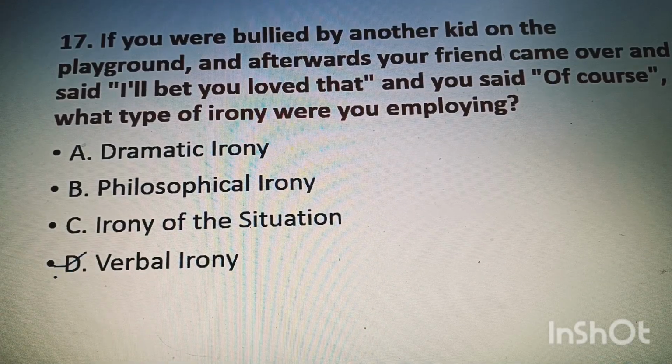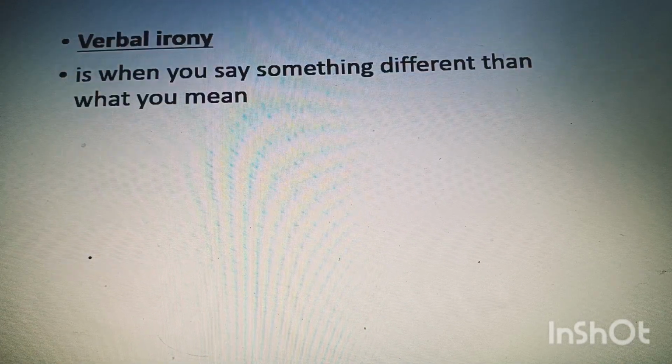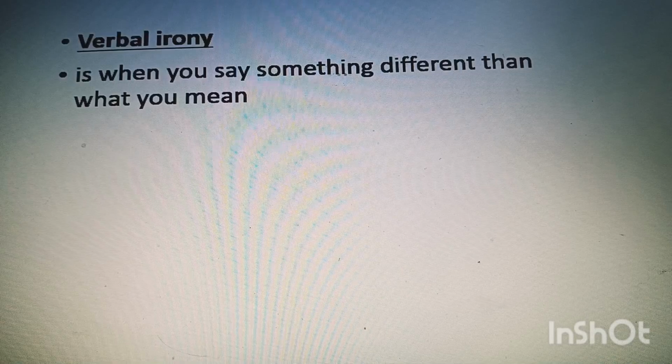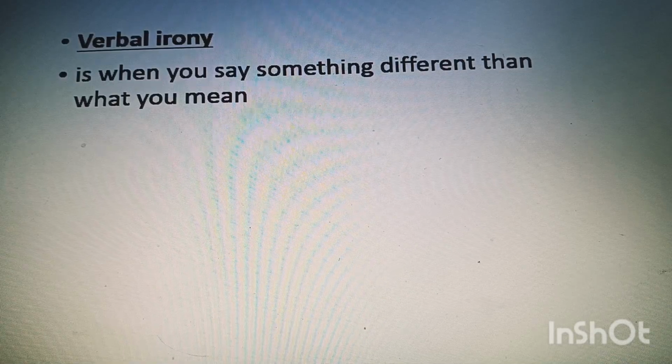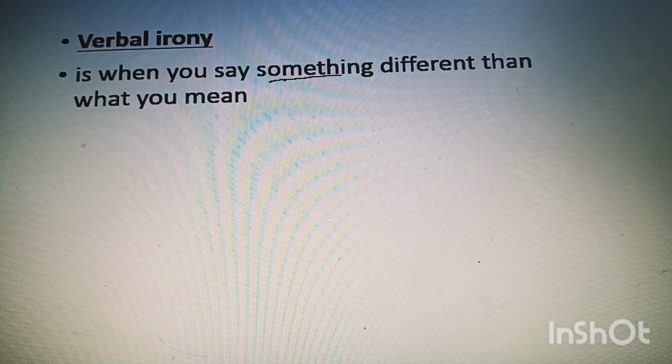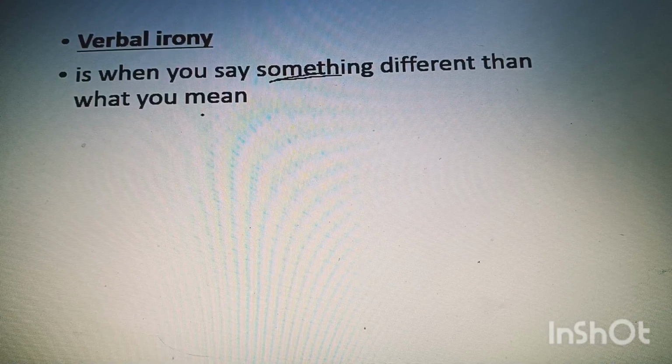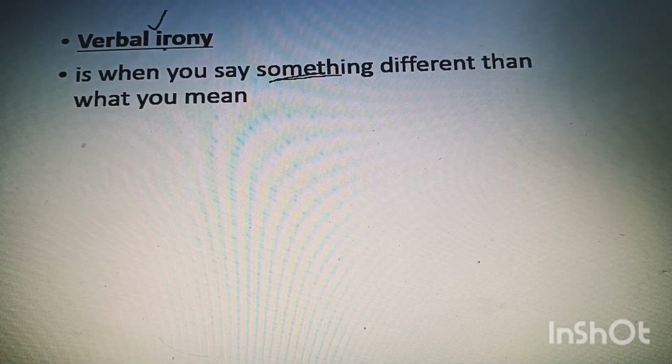Now what is verbal irony? Let us see. It is when you say something different than what you mean. A poet or a writer or somebody says different than what they mean. That is verbal irony. Irony means vyang.